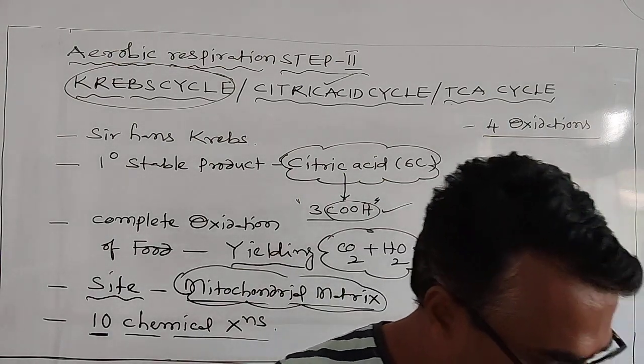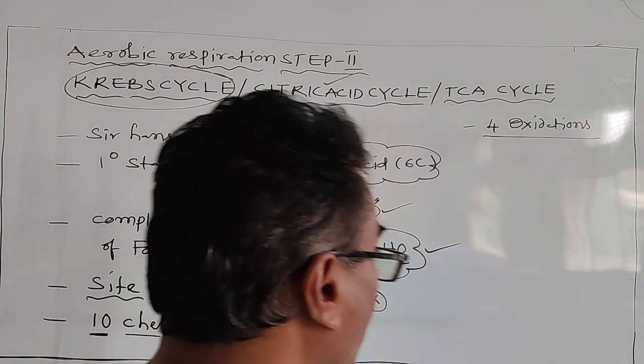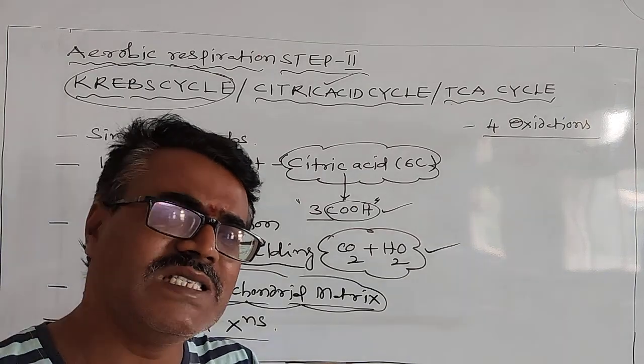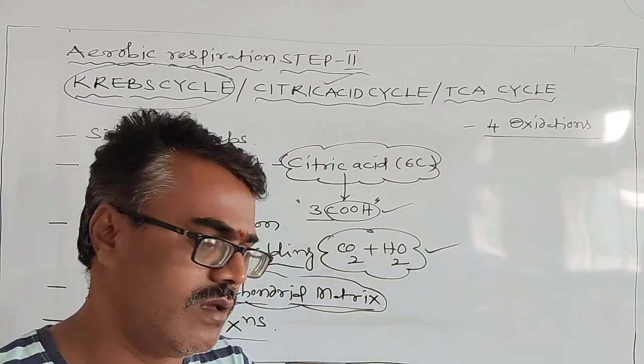Overall this Krebs cycle involves 10 chemical reactions, which we will discuss briefly one by one.